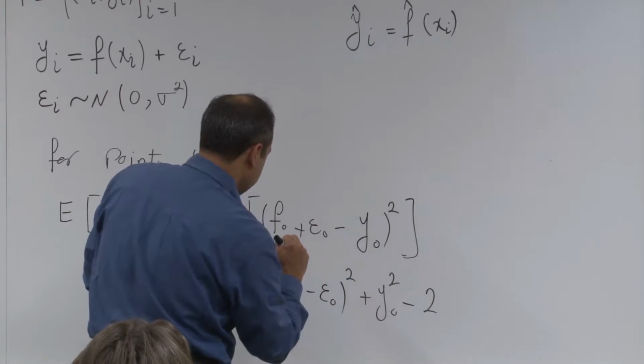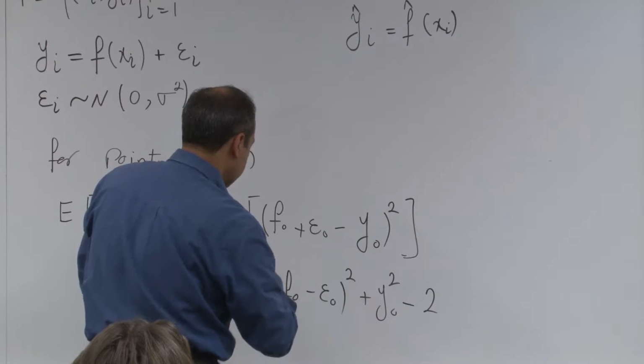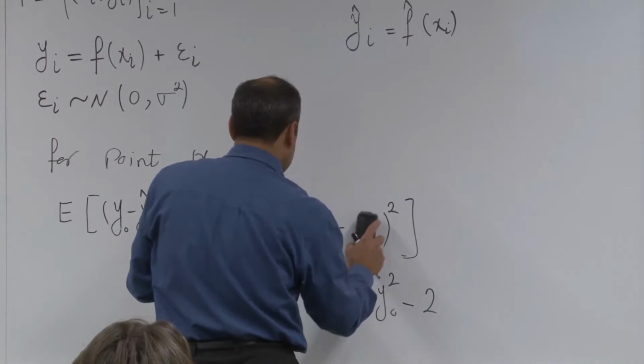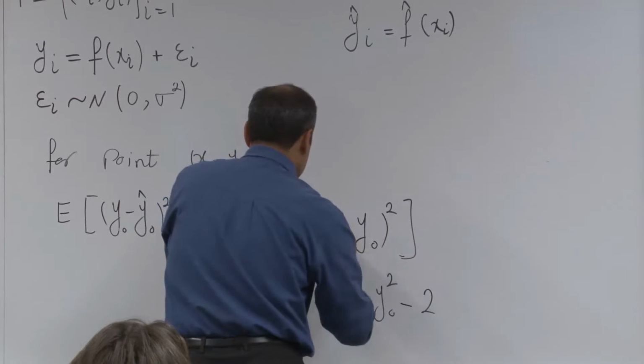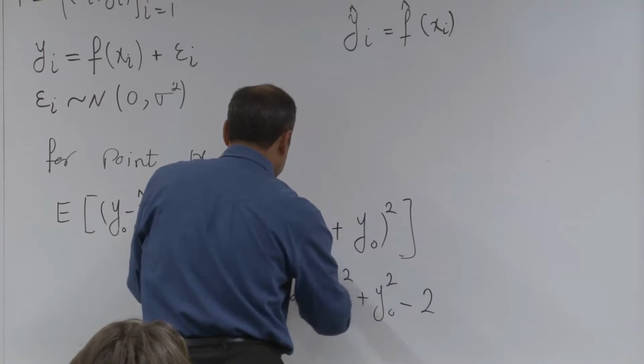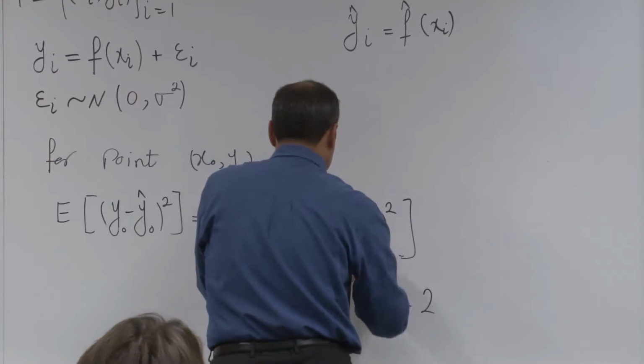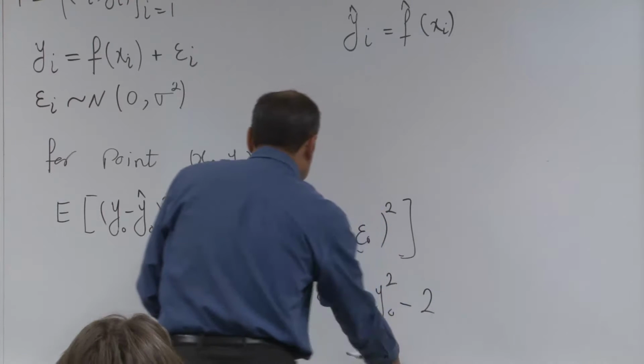I take these two together and this one separately. So imagine that it's f minus y null plus epsilon.